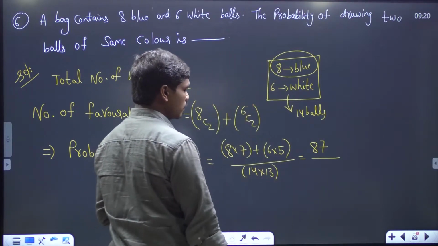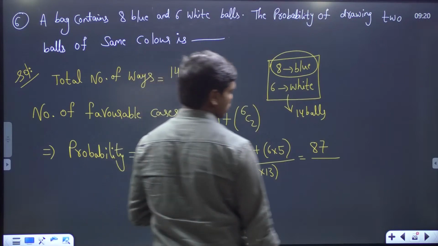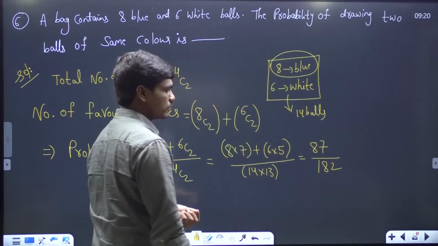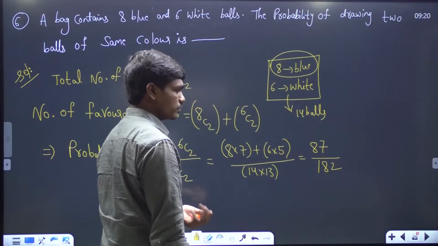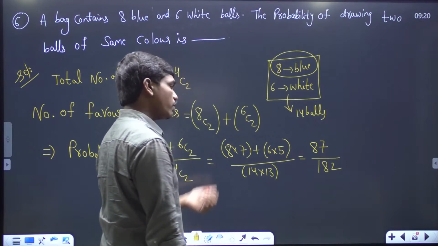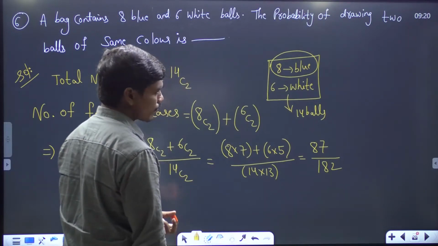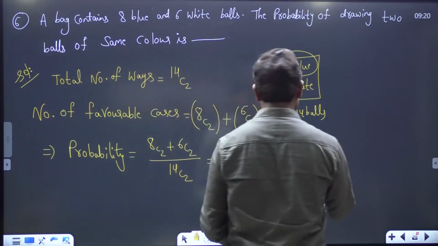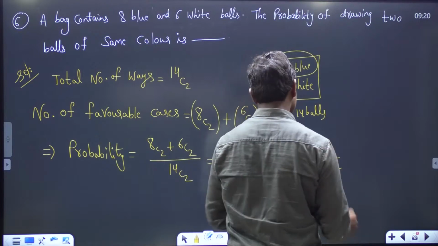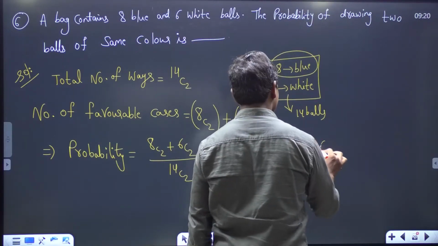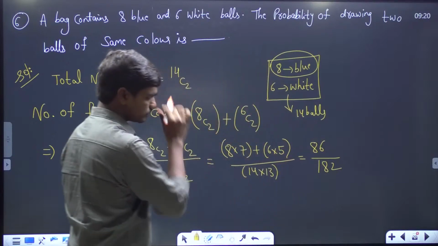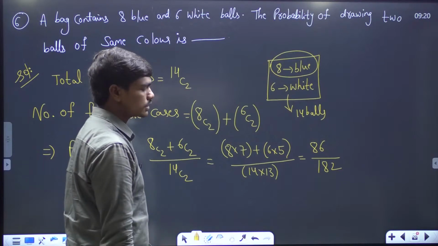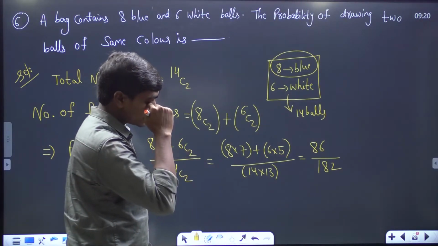You can calculate the value. 14 into 13 is 196 minus 14, which is 182, I guess. So 56 plus 30 is 86, and 86 by 182.